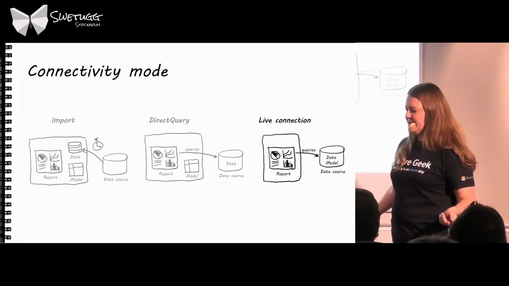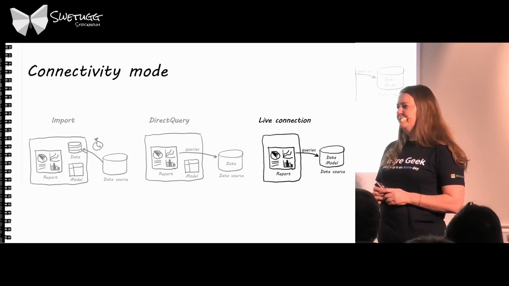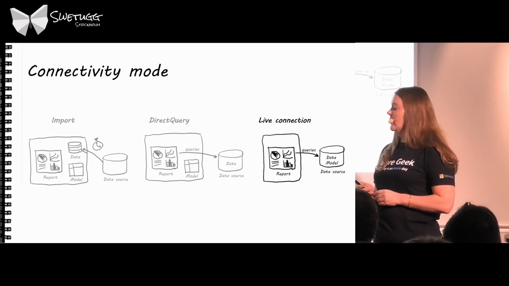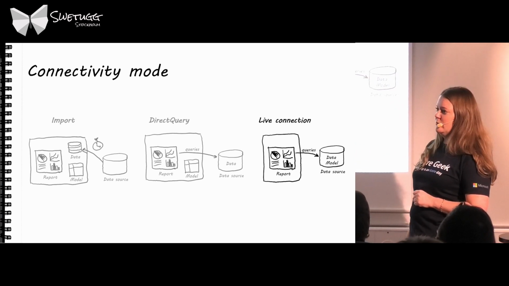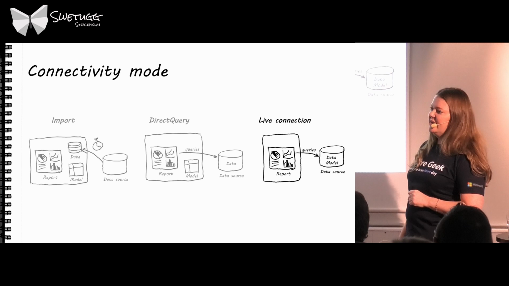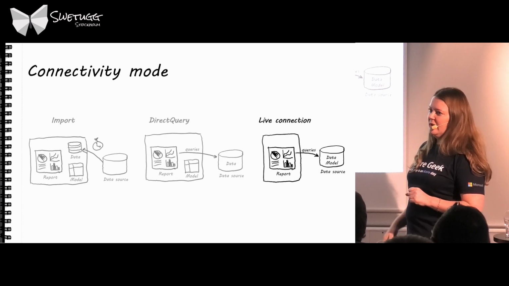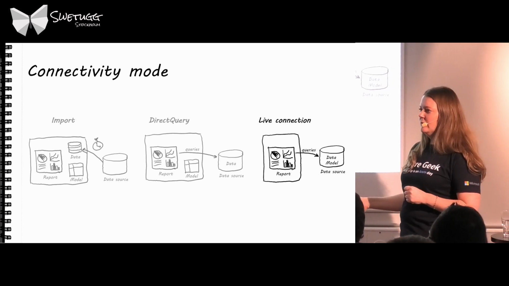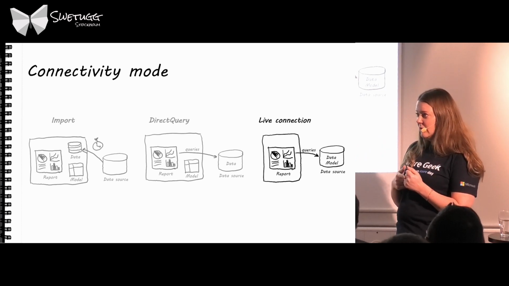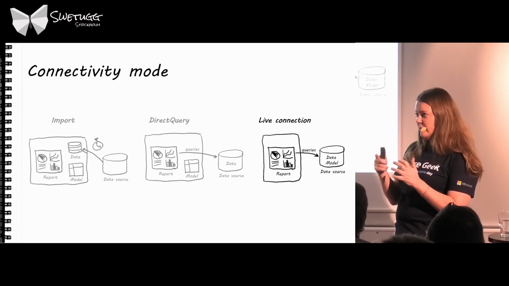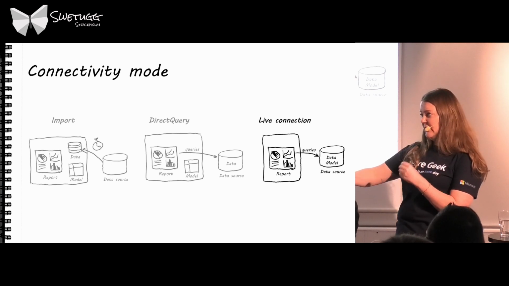Yes, data sources can be on premises. Analysis services can be SSAS on premises. For Power BI, it doesn't matter. It can be on-premises data sources, it can be cloud data sources. The difference is latency. You need to think that the data source should be in the same region to minimize latency, because data should be transferred.